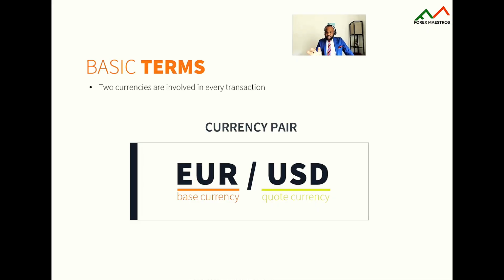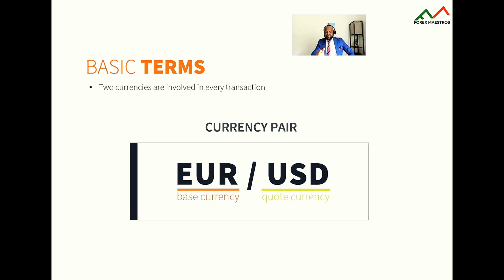When you see a pair of currency, the first item, the one to your left, whatever currency is there, is what they call the base currency. It is the real asset you're trading in this pair.